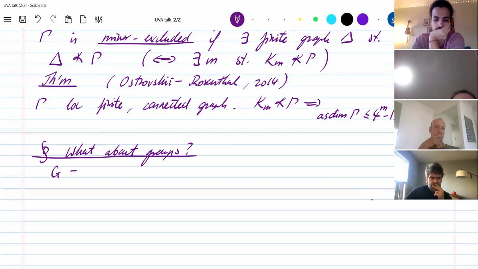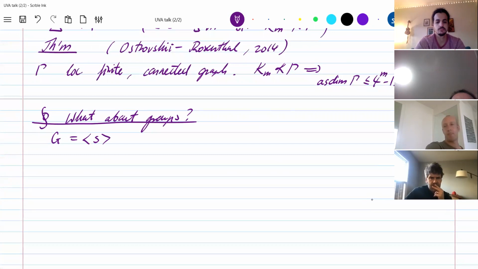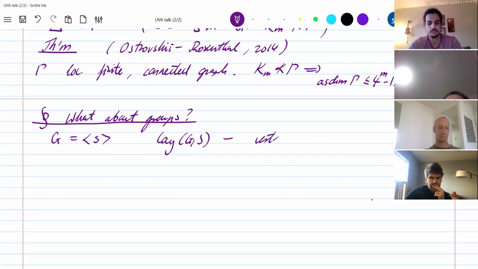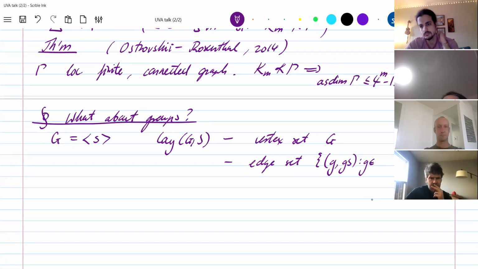If I have G and it's generated by some finite generating set S, then I can draw a graph that represents this group just by putting down a vertex for every group element in G and declaring that there's going to be an edge between two elements if I can connect one to the other by multiplying on the right by an element of the generating set.